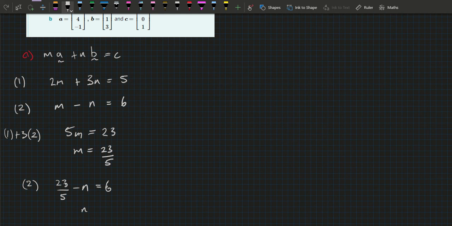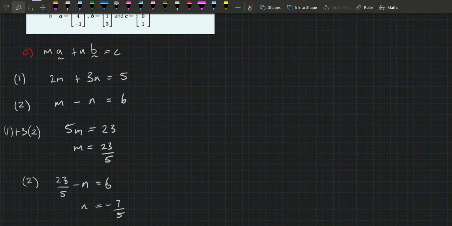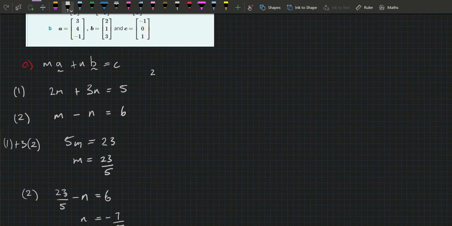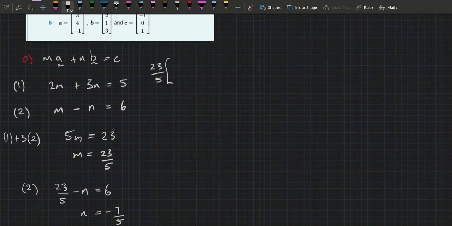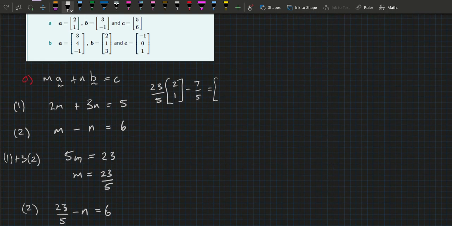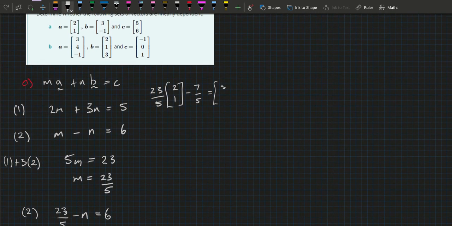And taking into account the negative, minus 7 on 5. And you could rewrite this as, so we've got 7 on 5, 23 on 5. So 23 on 5 times 2 and 1, minus 7 on 5, is equal to 5 and 6.